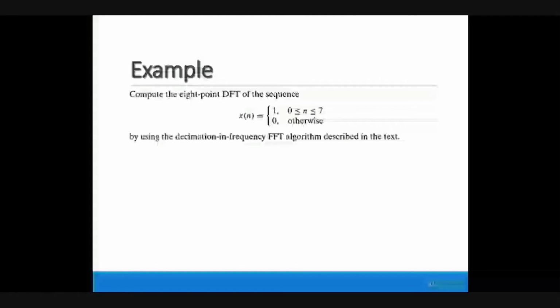Here though it is written you have to solve it with DIF, but I am telling you to solve this with the DIT algorithm. So try to find out the answer for this. Apply the DIT algorithm and find out the answer for this 8-point DFT.